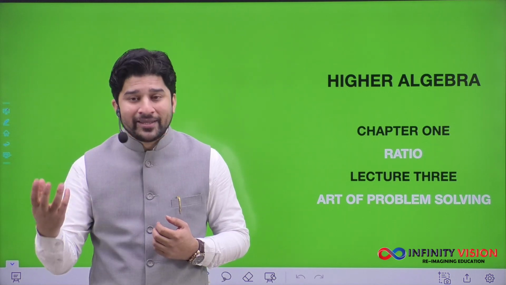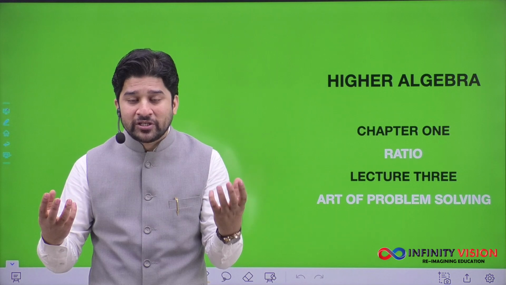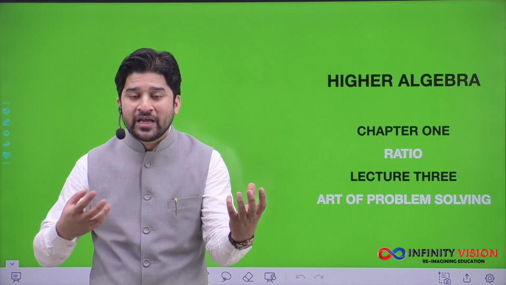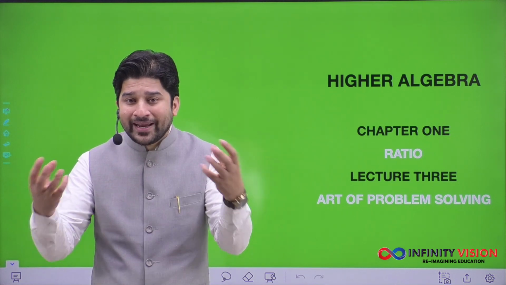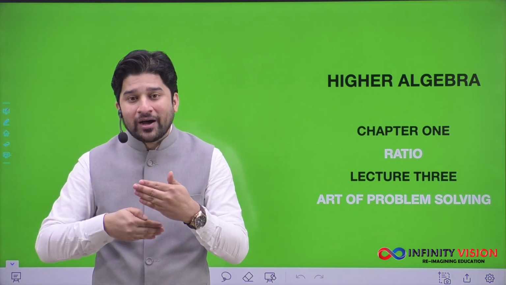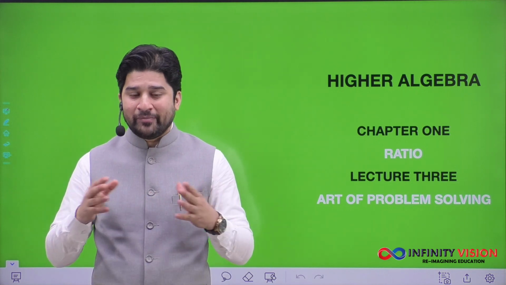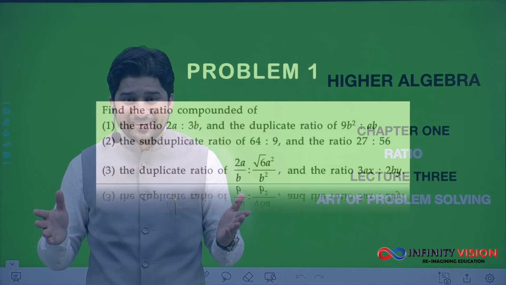Once you understand the demand of the question, you can extract all the relevant information needed for that problem. So you have all the relevant information and now you understand the demand of the question. Now the art of connecting these two together or stitching them together is called the art of problem solving, and that is what we are going to master by solving a lot of problems related to ratio. So let's get started.